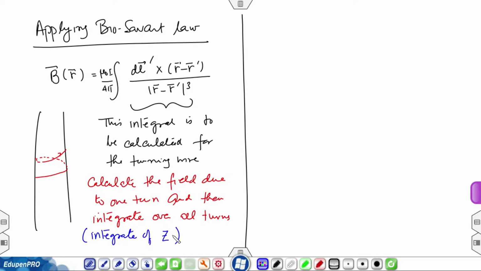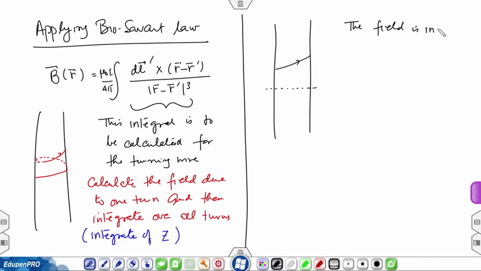So, let's see what is dl prime. Let me make this solenoid again. Here is this wire. Since the solenoid is infinitely long, the field is independent of z. That is, where on the z axis I am calculating does not matter.